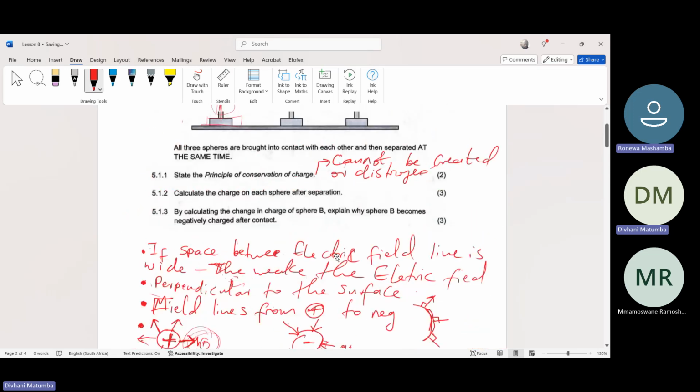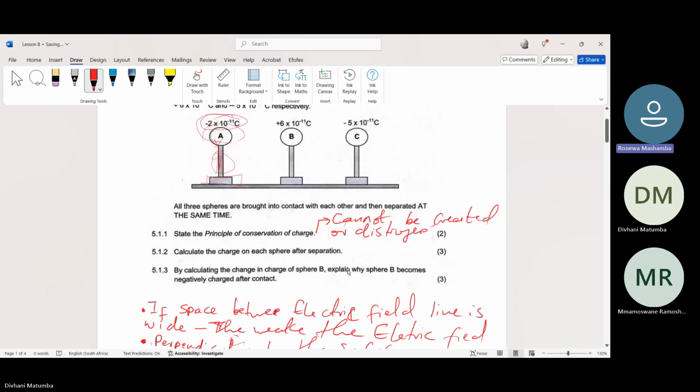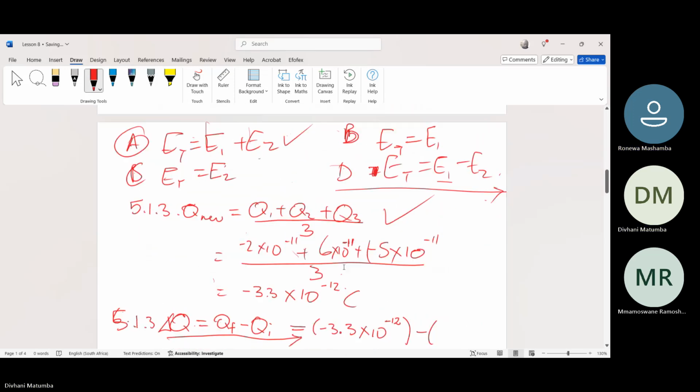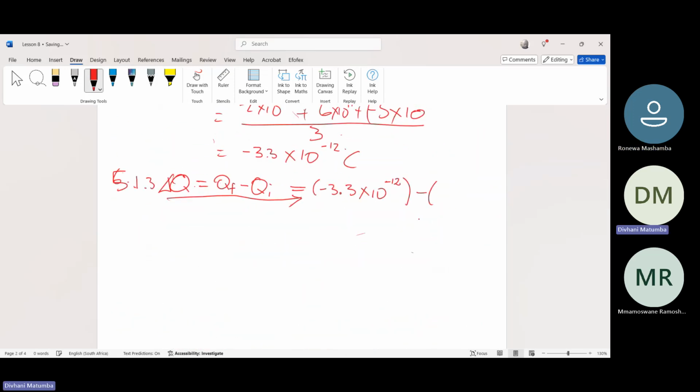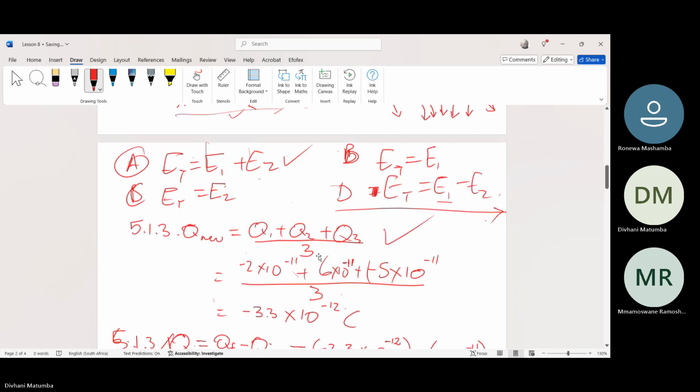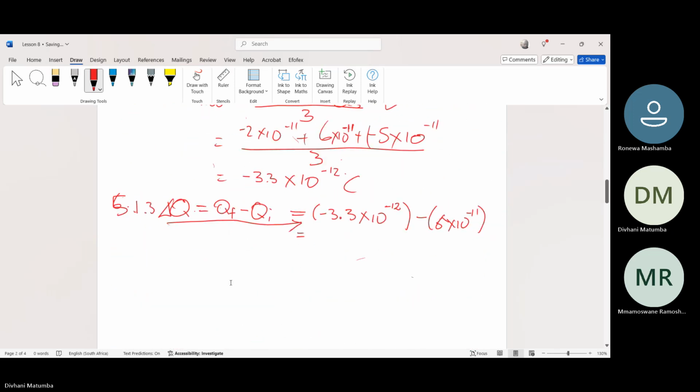It is positive 6 times 10 to the power of minus 11 coulombs. So what are we getting? I'm getting negative 6.33 times 10 to the power of minus 11.